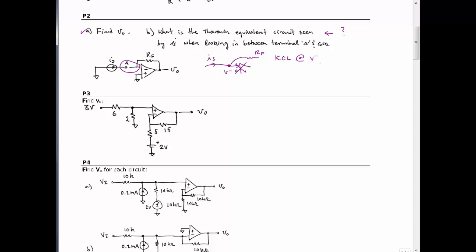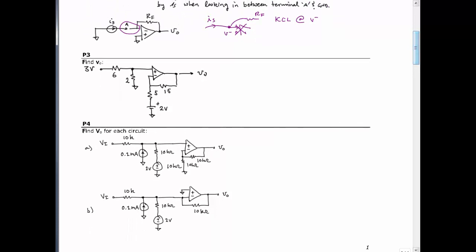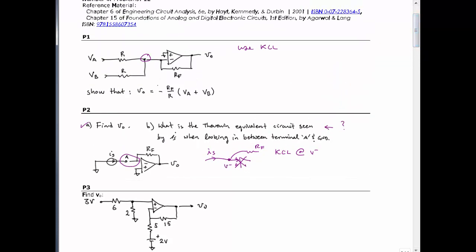at the inverting input. The difference between this and, say, problem 1 or the 3 input summer that we did in class is that in the summing case, you don't have a current source. You have a voltage source like VA and VB, but then you know something more about this inverting input. We know that because of negative feedback, its voltage will be the same as the non-inverting input, such that the voltage between those two will be 0.